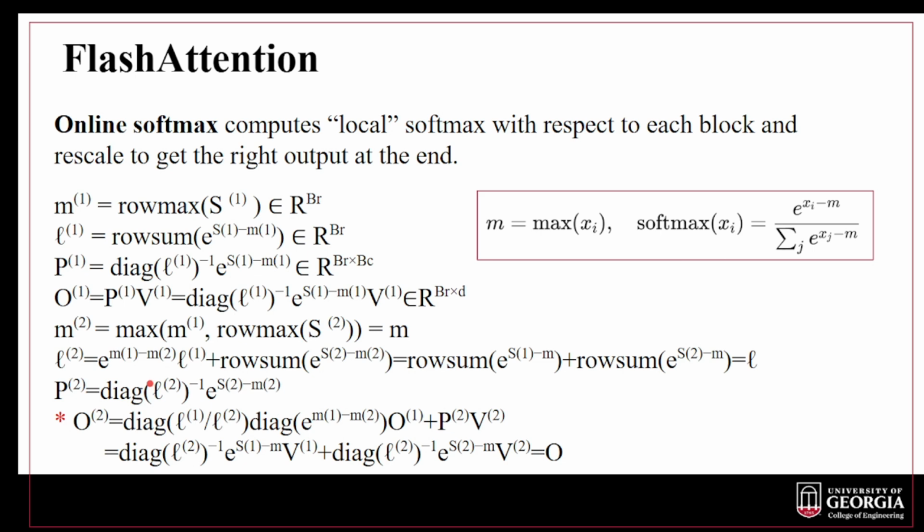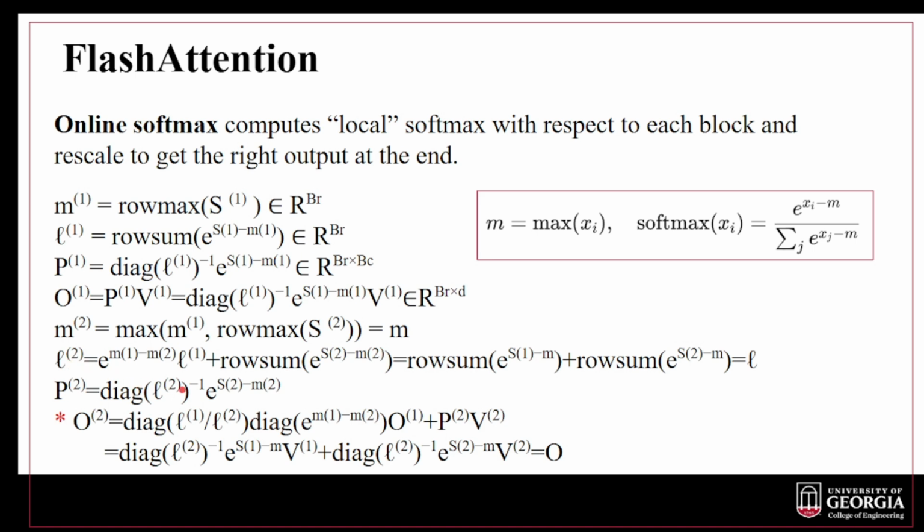Using this, we can compute these two multiplied together, so this term changes to s1 minus m1 plus m1 minus m2, equal to s1 minus m2. Since m2 equals m, this term can change like this. So we obtain the updated L2 value.